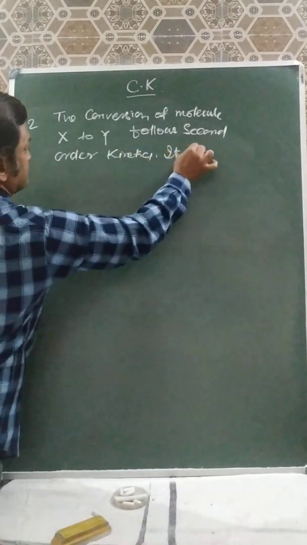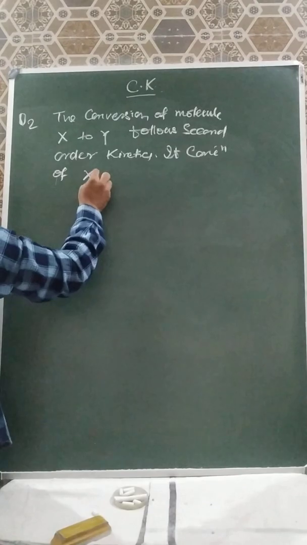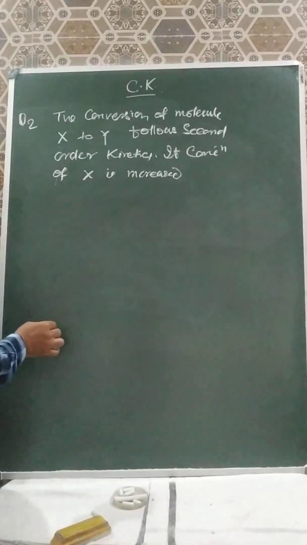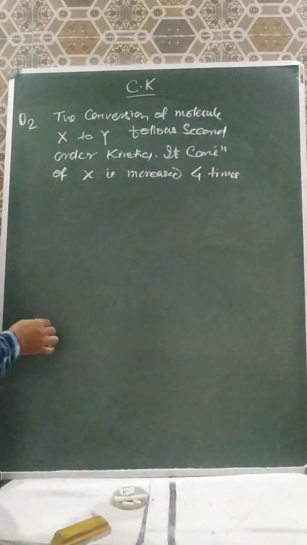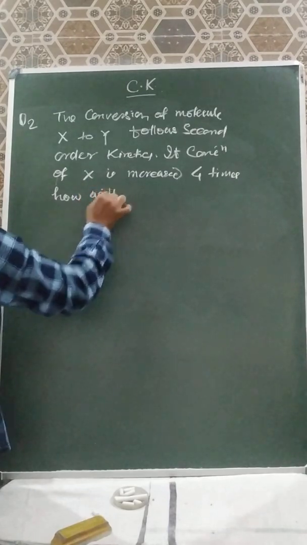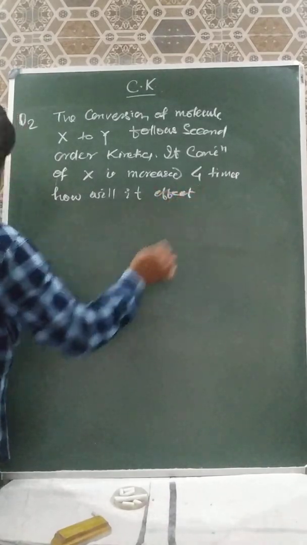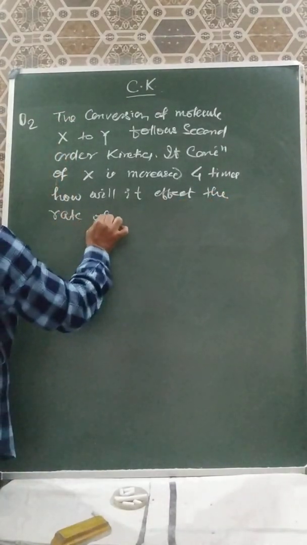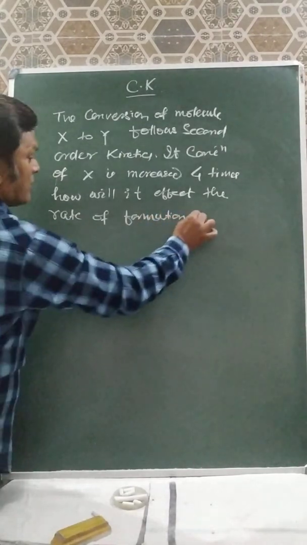If the concentration of X is increased 4 times, how will it affect the rate of formation of Y?